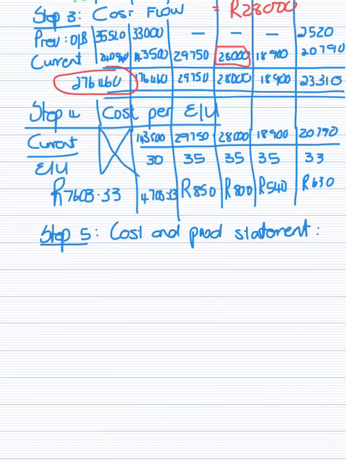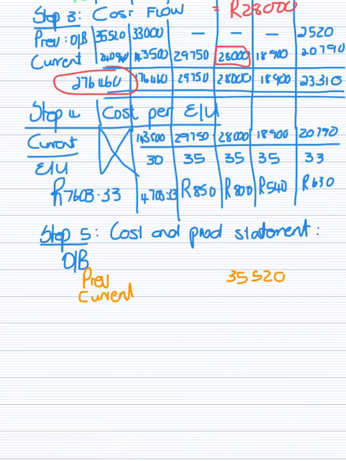So we're going to start with the opening balance. For opening balance, I'm first going to look at the previous month's costs, which we have as 35,520, plus the current month cost.